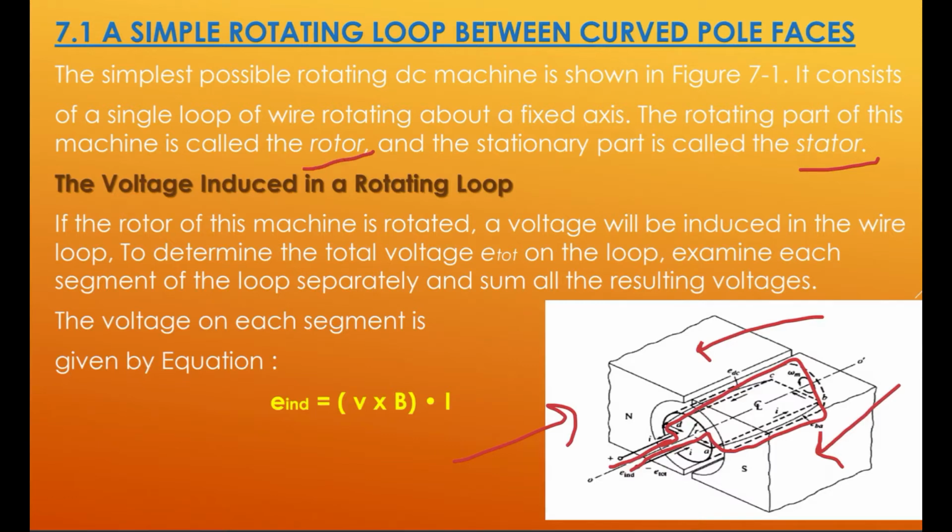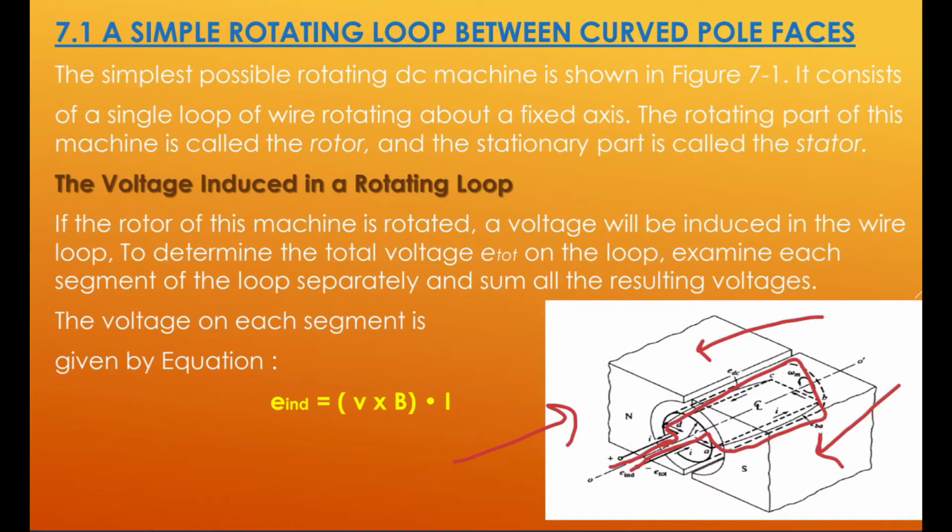The voltage induced in a rotating loop. If the rotor of this machine is rotated, a voltage will be induced in the wire loop. To determine the total voltage E total on the loop, examine each segment of the loop separately and sum all the resulting voltages. Then we can get E total.